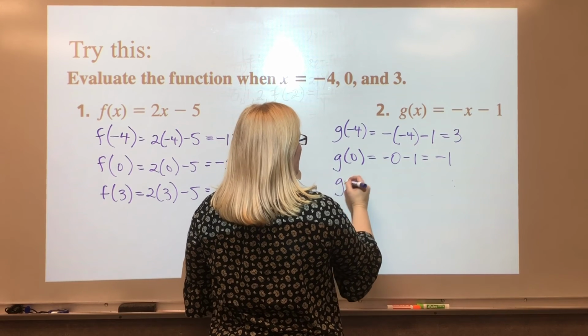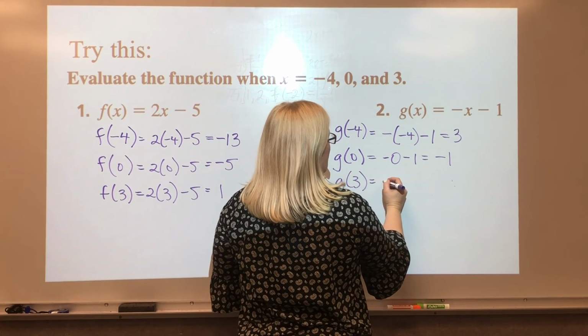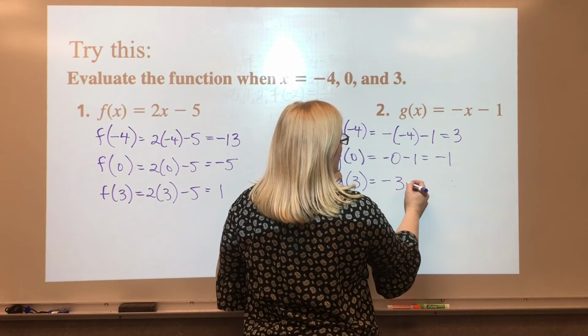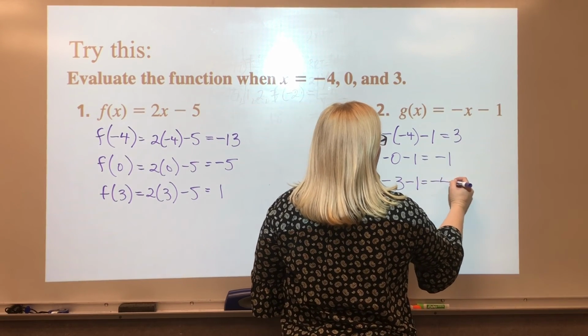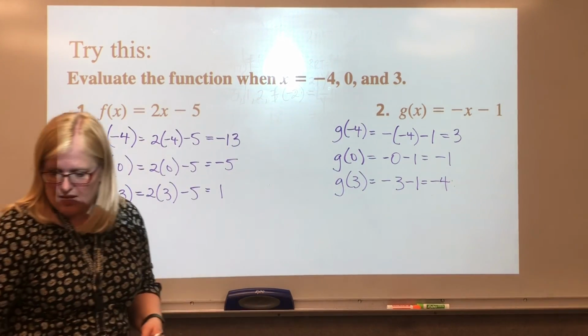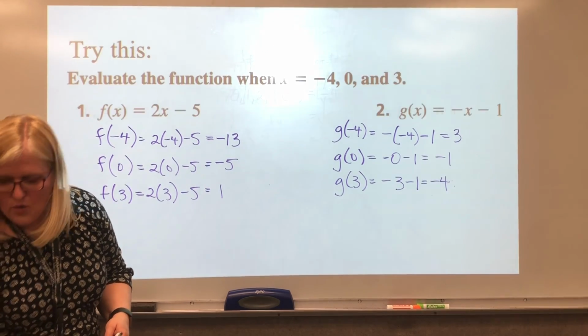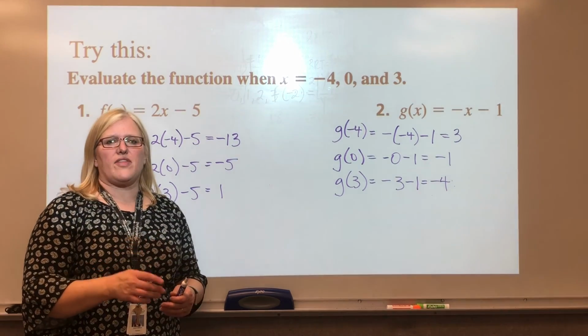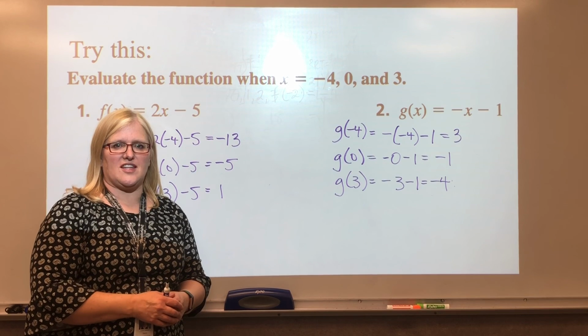And finally, g of 3 is negative 3 minus 1, which is negative 4. Okay, so we're going to talk a little bit more about function notation in the next video.